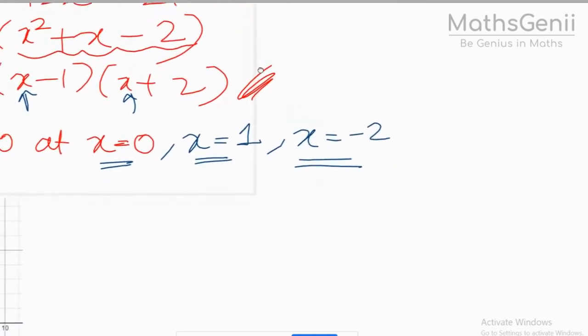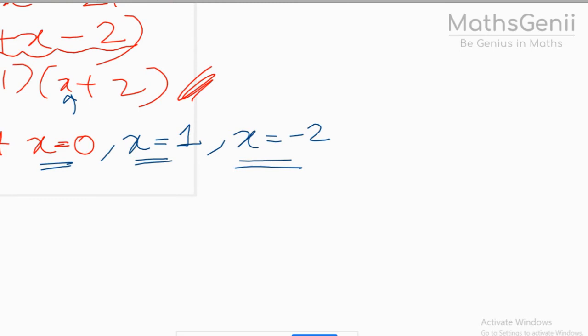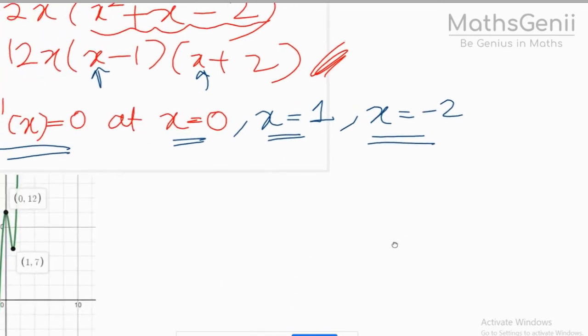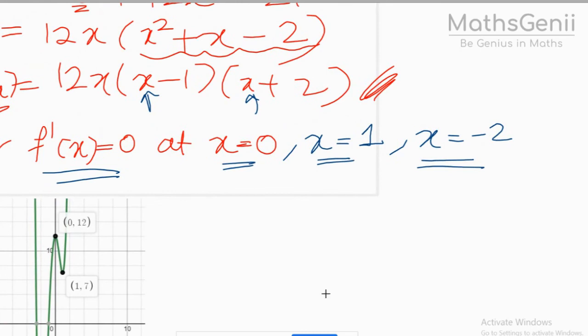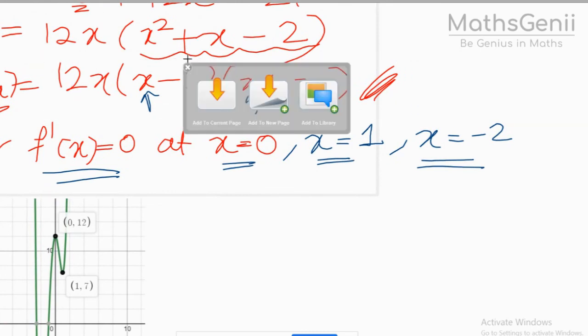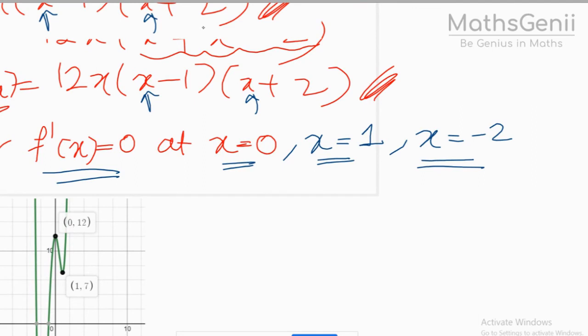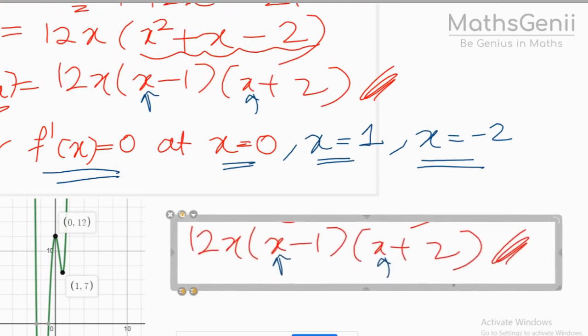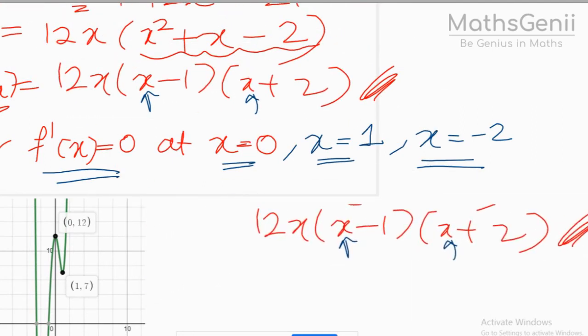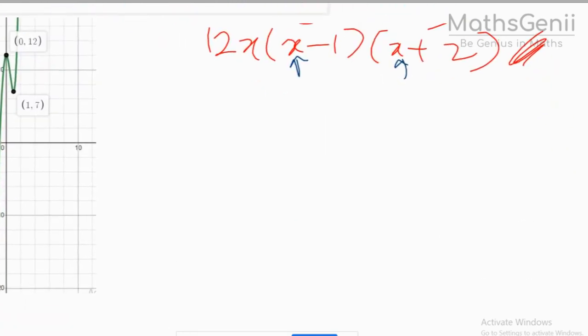Now what did I tell you? Third step is find the double derivative. So what is the first derivative? Let's just copy the value of the first derivative. Okay, I have copied. This is your first derivative, and using this we are going to find the second derivative, f double dash.